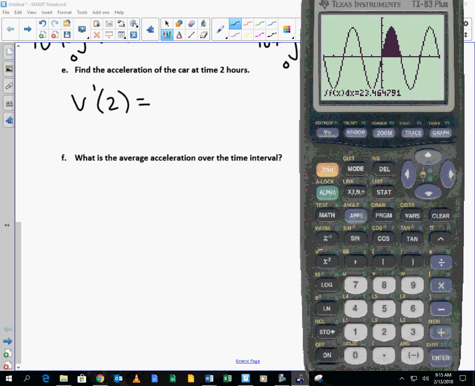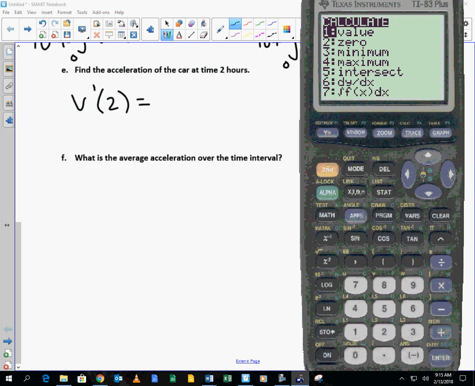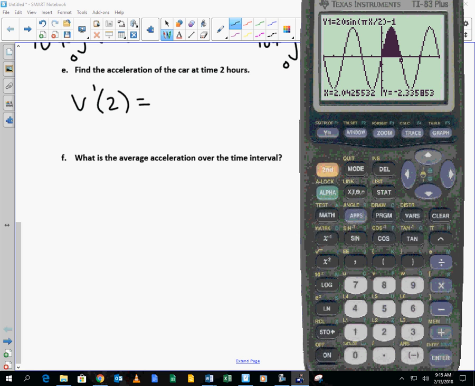What should we press? Second, calculate, 6. When do we want to find the derivative? 2. That's it. It's not supposed to be complicated. You just got to know what you're supposed to do. So we got -31.415 what? Miles per hour. See how easy that was?